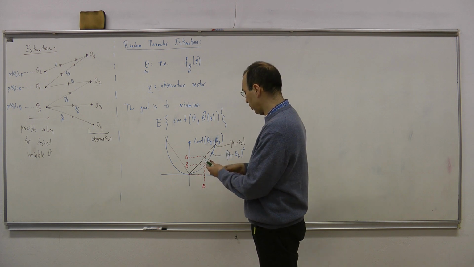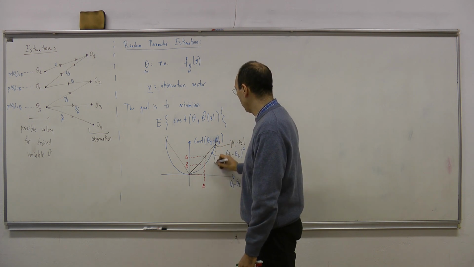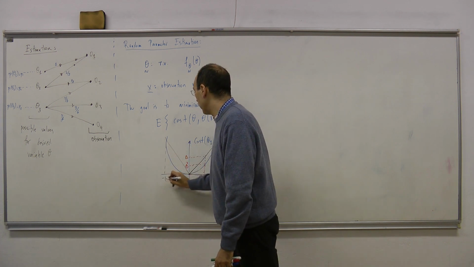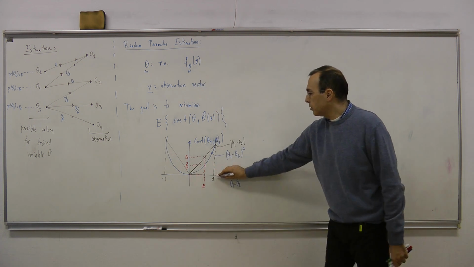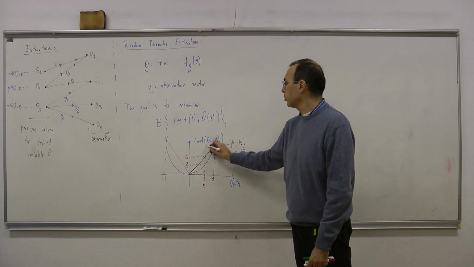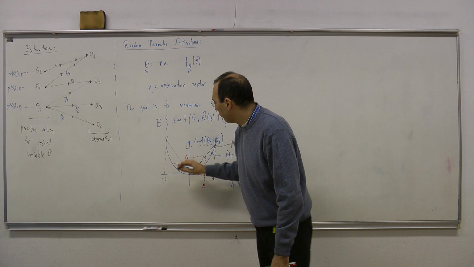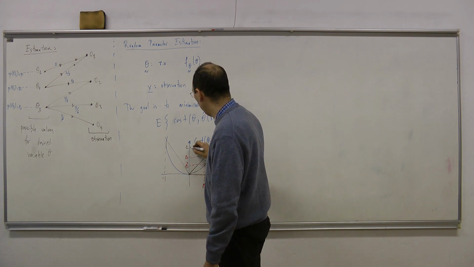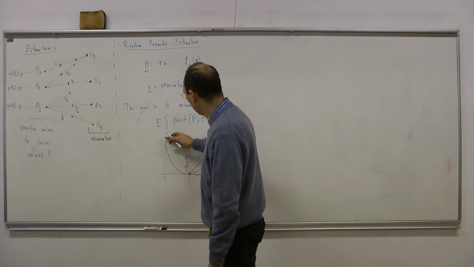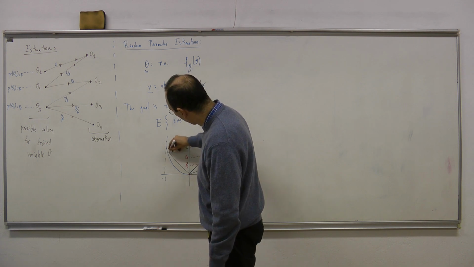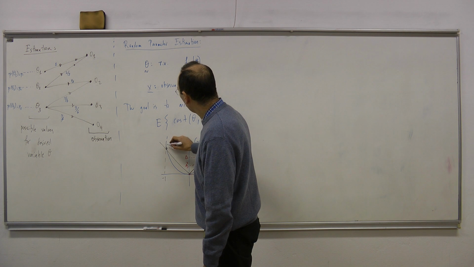This is the location of 1 and minus 1. Okay, so when the deviation is 1, both of these curves, meaning cost functions, give you an error of 1. So let me then correct this like this.